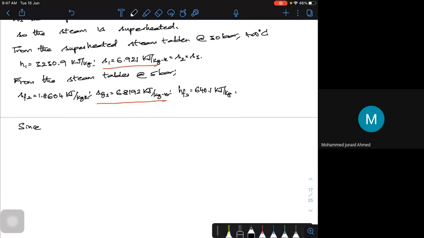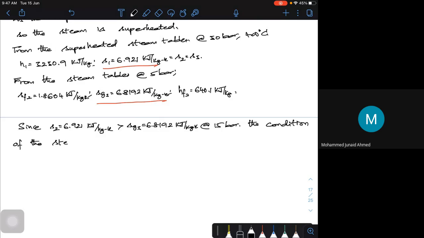Since S2, which is 6.921 kilojoules per kg degree Kelvin, is greater than SG3, which is equal to 6.8192 kilojoules per kg degree Kelvin at 5 bar, the condition of the steam is superheated.